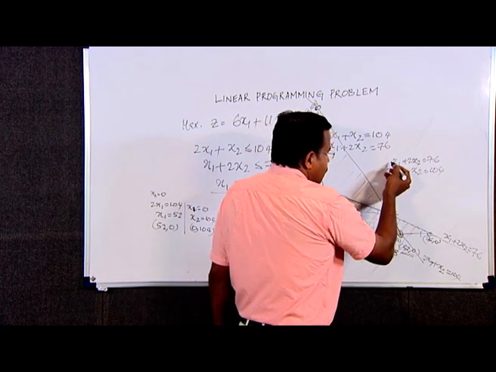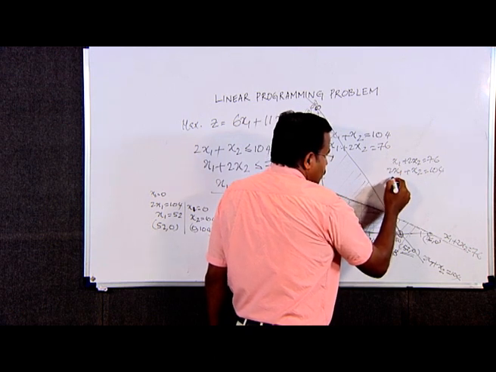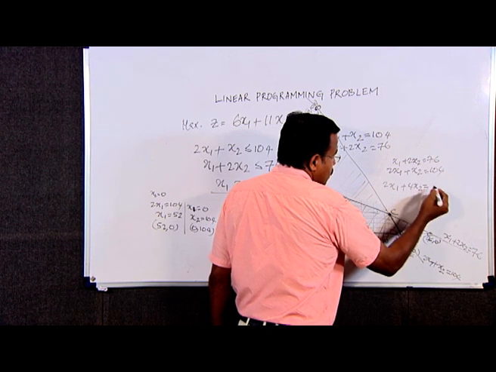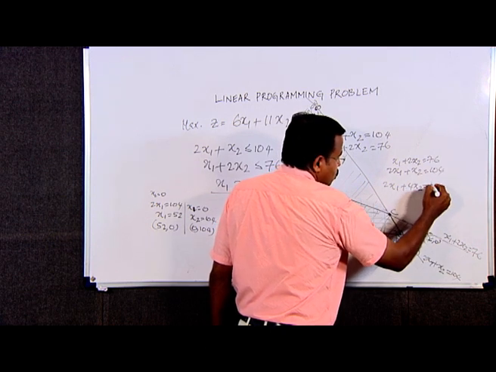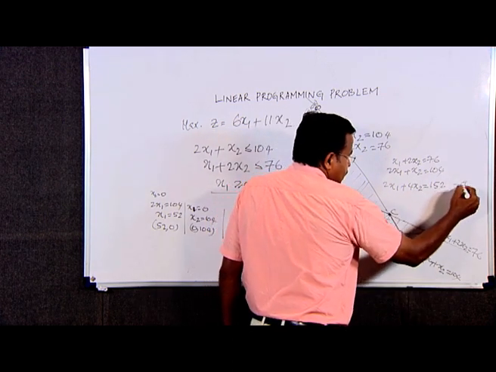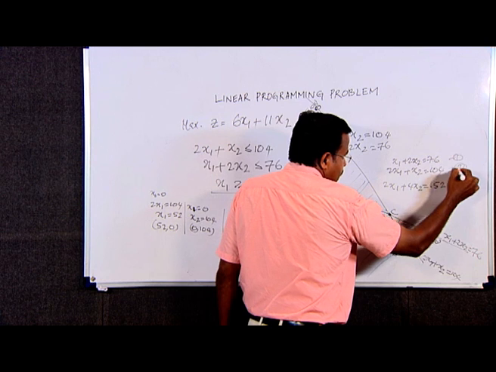Multiplying the first one by 2, we get 2x1 plus 4x2 equal to 76 into 2, that is 152. Let this be equation 3, and these are 1 and 2.